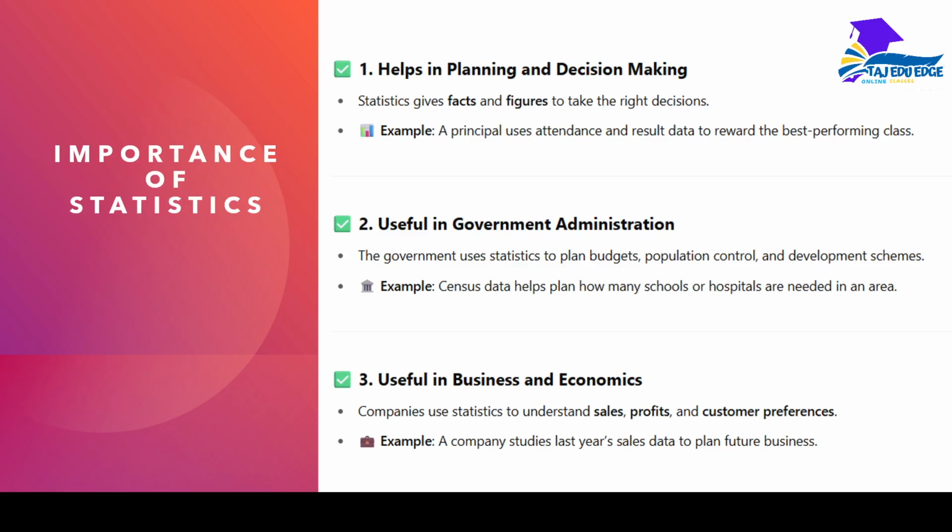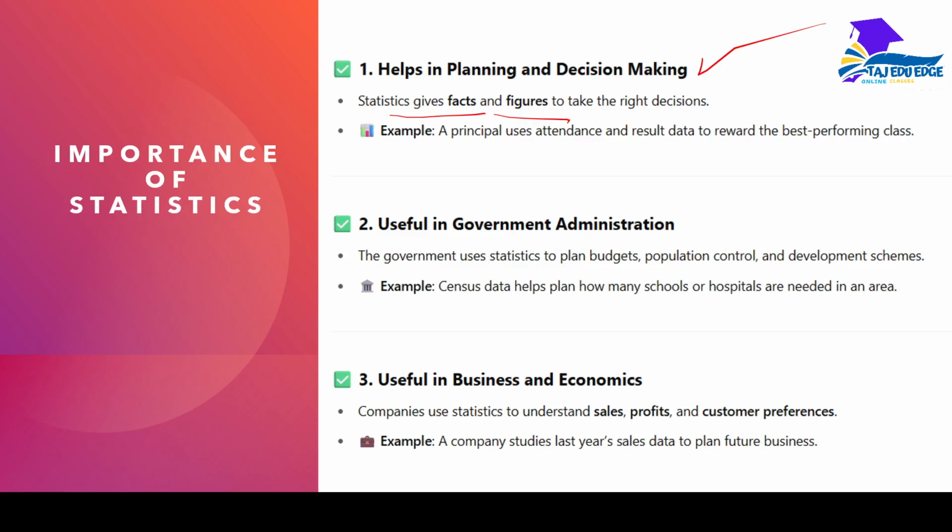First one, statistics helps in planning and decision making. Whether we want to plan something in a business or in real life, or we need to take any decision, statistics helps us. How? Statistics gives us the facts and figures to take the right decisions. When we actually have the real truthful facts and figures, numbers, we can take a right decision.